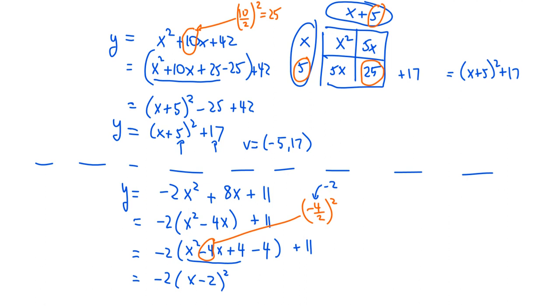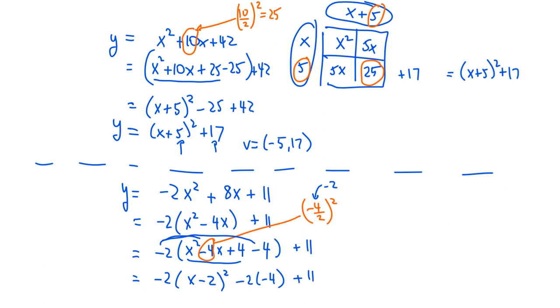Now, I'm going to split the inside of the bracket into parts. So the first part is (x - 2) all squared. The second part is the -4, but remember, the -4 is in a bracket that's multiplied by -2. So essentially, I am distributing this -2 to the trinomial, and I'm also distributing it to the -4.